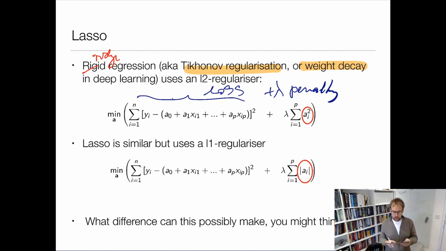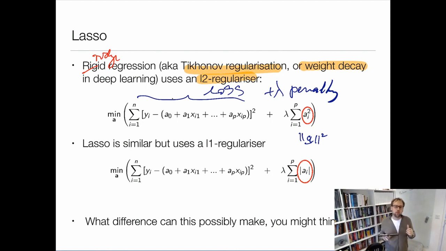So sometimes people like to write this bit also as the L2 norm of the vector A. It's another way of writing this sum. It's the sum over all the components squared. This is called the L2 norm in mathematics, and that's why sometimes we call this regularizer also the L2 regularizer, because the penalty term is just the L2 norm of the weight vector. So that's what it is.